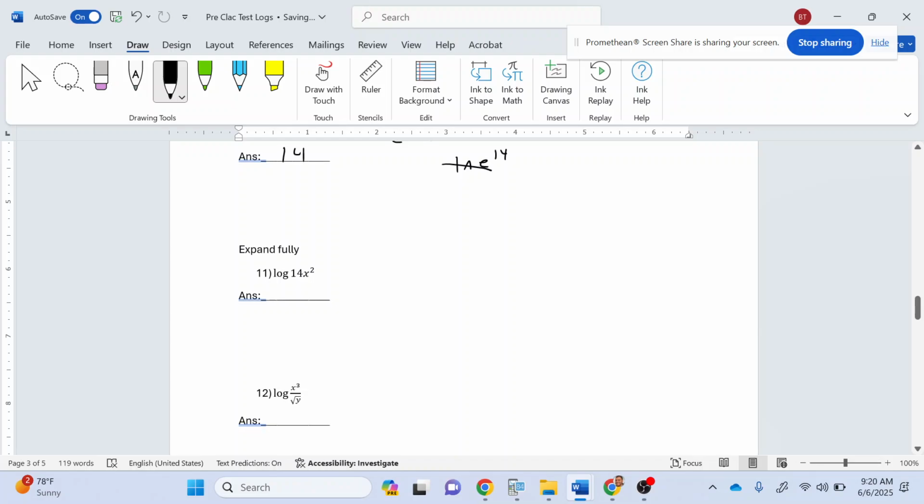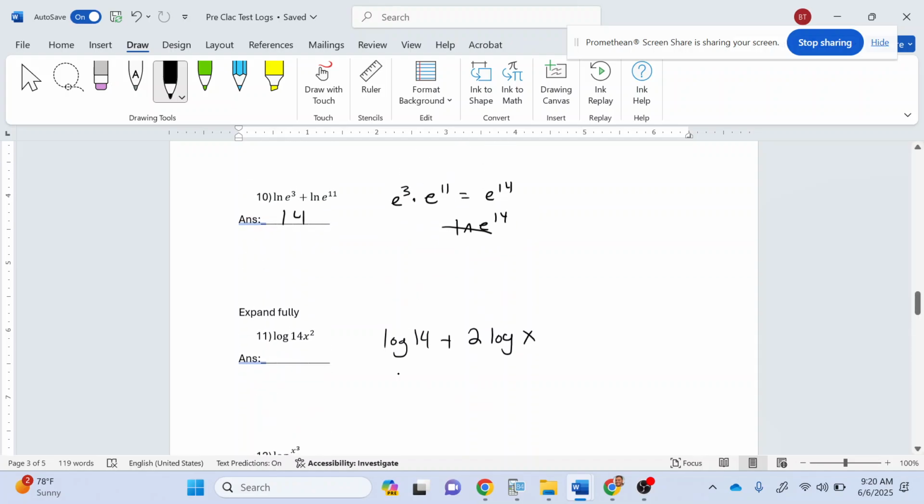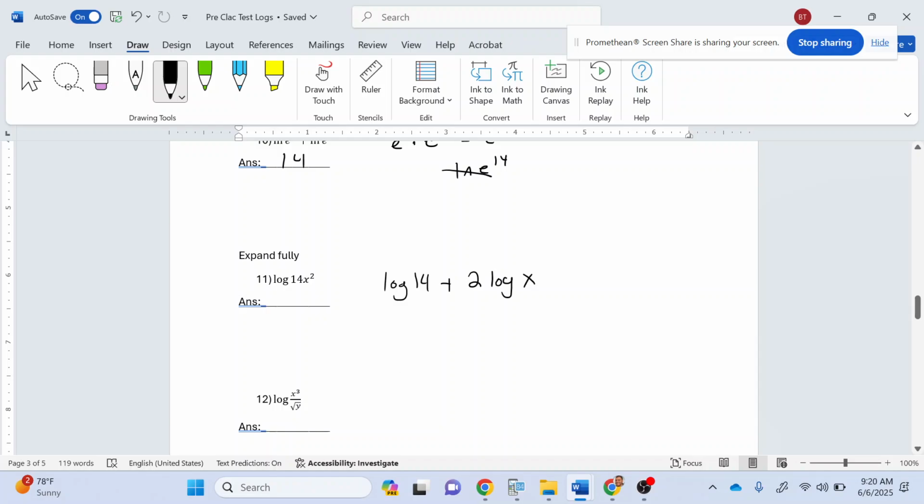All right. Expand is just the reverse of it. So I'll put the answers here so I have space. So log 14 plus 2 log x, because any exponent should move to the front. For number 12, 3 log x minus 1/2 log y, because the square root is to the half power.